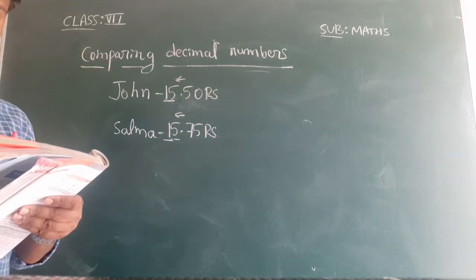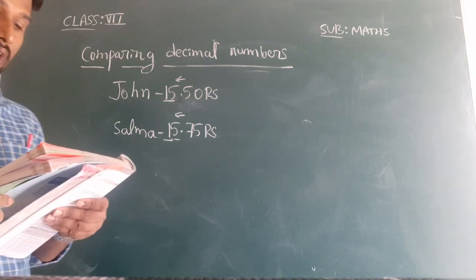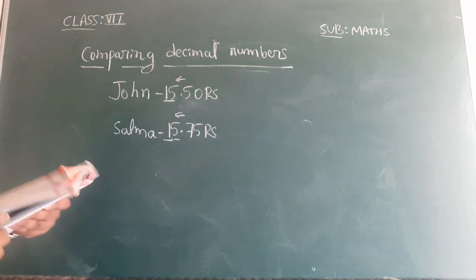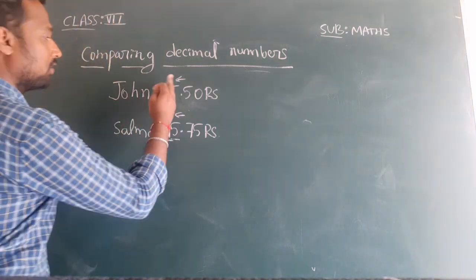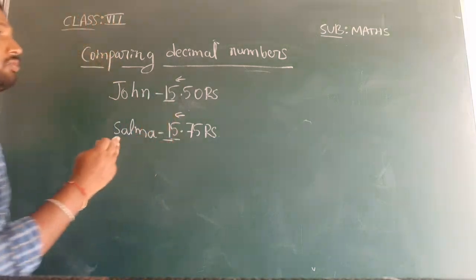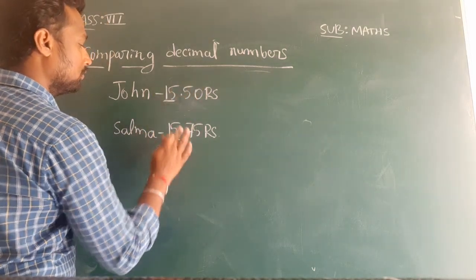So we compare digits on the right of the decimal point starting from the tenths place. The values on the left part are the same, so now we start comparing the right part of the decimal point.